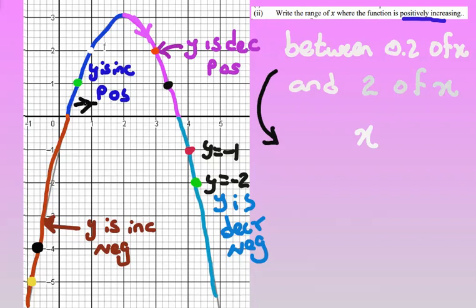So that means x is bigger than 0.2, because you're going to the right. So x is bigger than 0.2 but less than 2. So you can present your answer in either of these ways. You can write in words or you can write as an inequality.